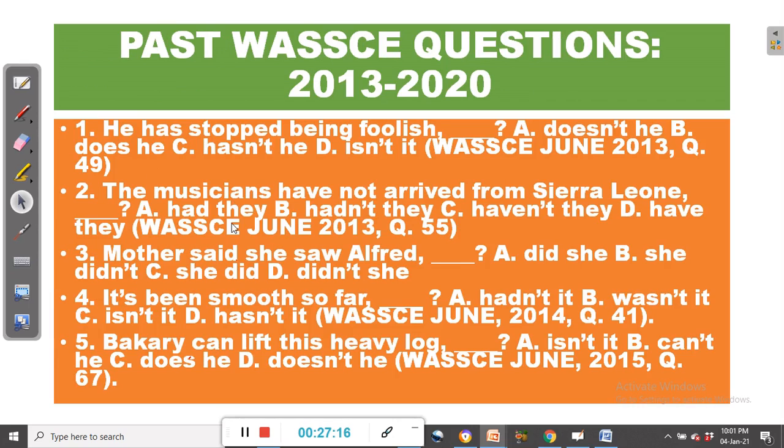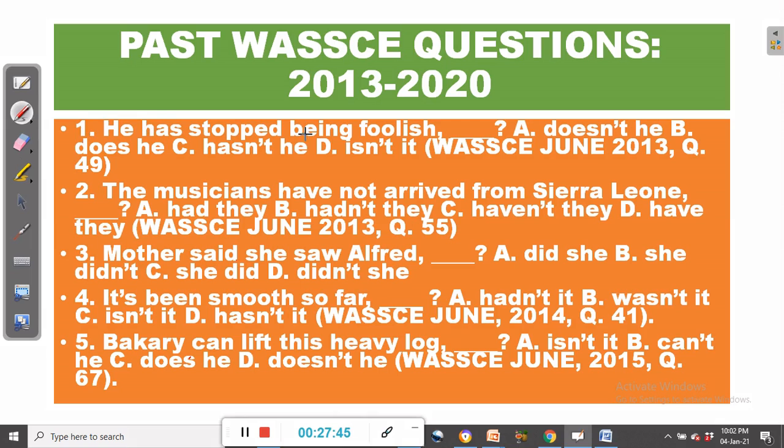Then we are now going to look at past West African Senior School Certificate Examination questions from 2013 to 2020. We want to look at the questions that featured question tags, and then we will be looking at these principles that we have learned.